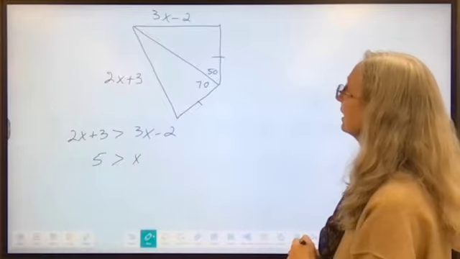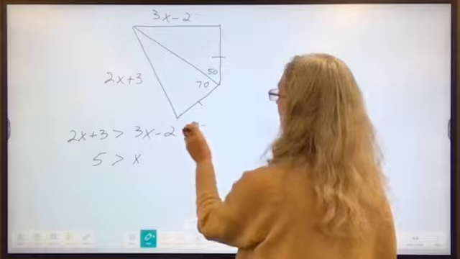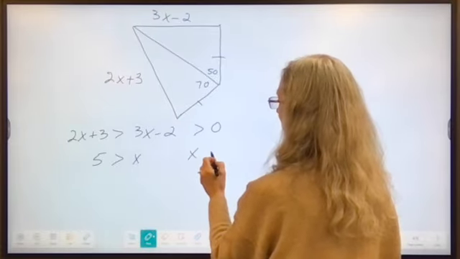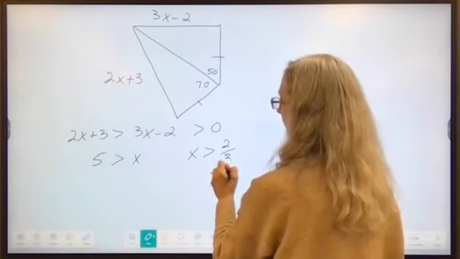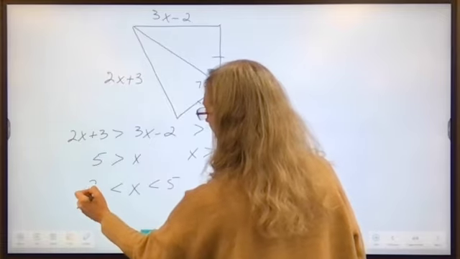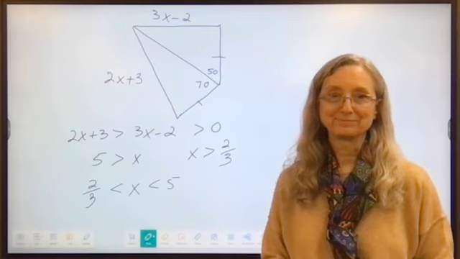You also realized that 3x minus 2 has to be greater than 0, which means x has to be greater than 2/3. So x is less than 5 and greater than 2/3. How did you do?